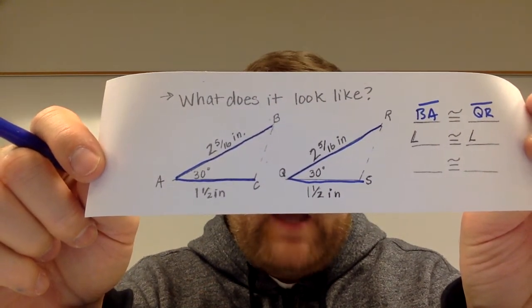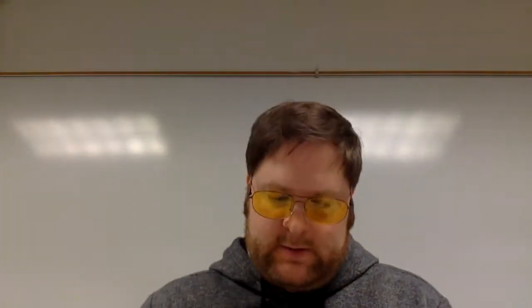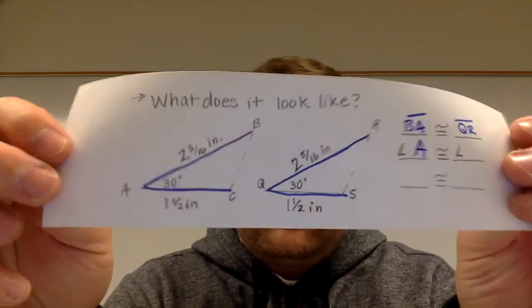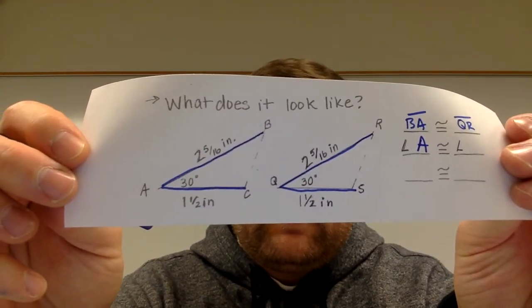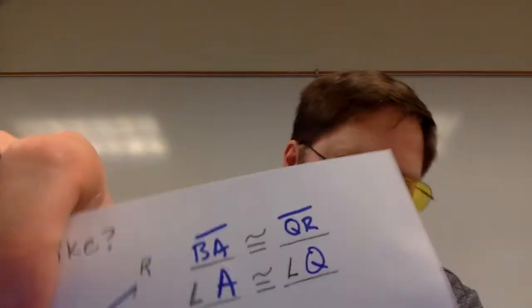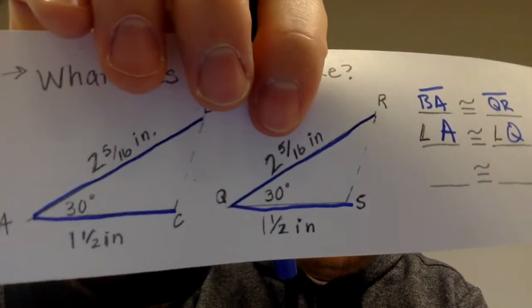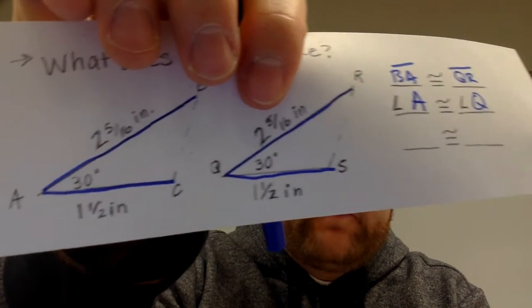Now we got to talk about the angle. On the first triangle over here, we're talking about angle A. So we got angle A. Angle A is congruent to which angle on the second triangle? If you wrote Q, you'd be right. One more side statement we need to make. We need to make one more statement of congruence.